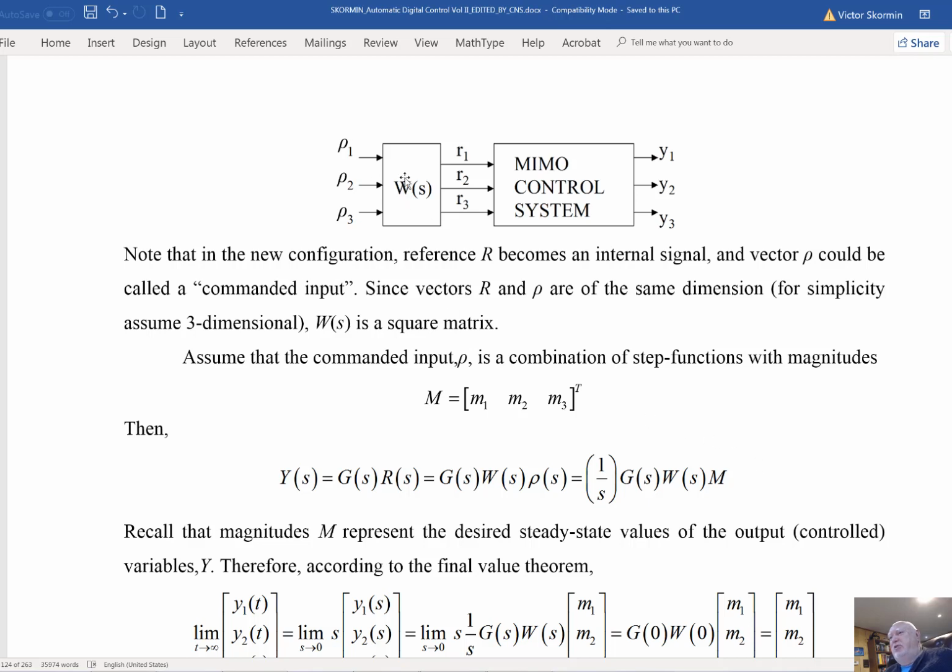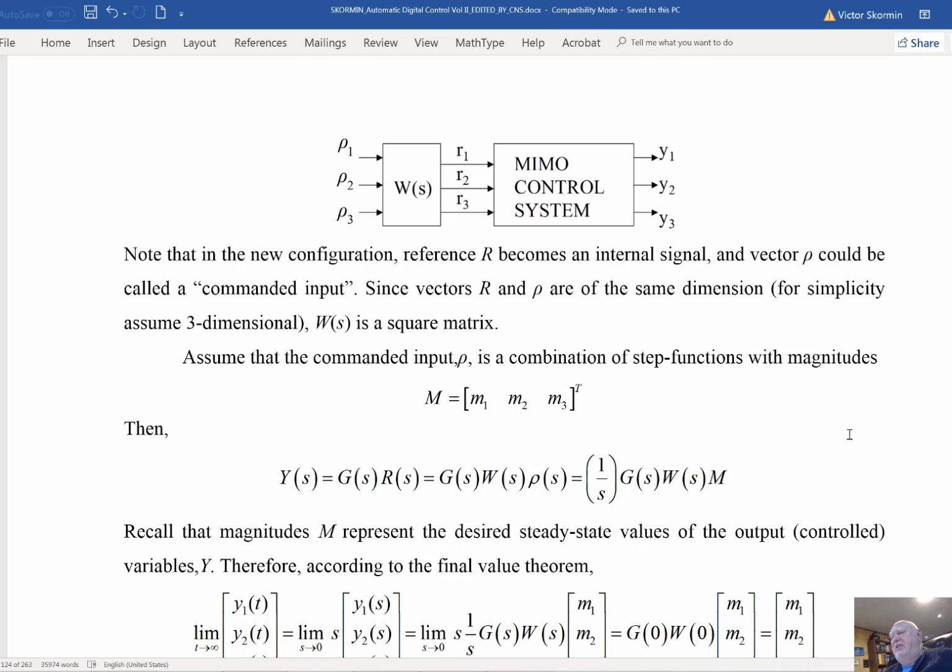And if you choose this filter to be equal to the transfer matrix of the controlled plant, where S is replaced by 0, you will have a very useful result.